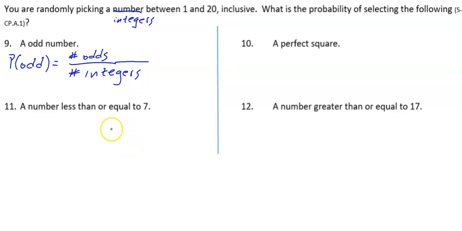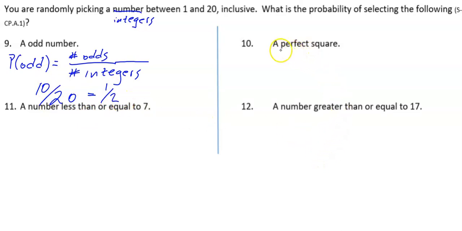If you look at 1 through 20 inclusive, my odds, if you were to write them down, are 1, 3, 5, 7, 9, 11, 13, 15, 17, and 19. So there are 10 odds, and there were 20 integers. And then, of course, we would reduce that to 1/2.